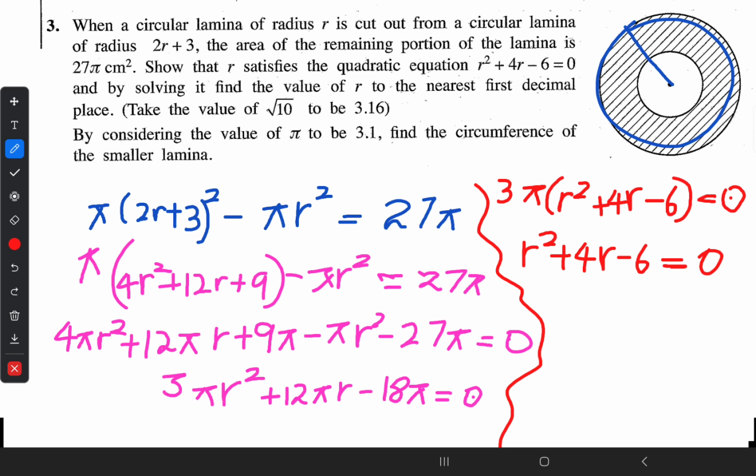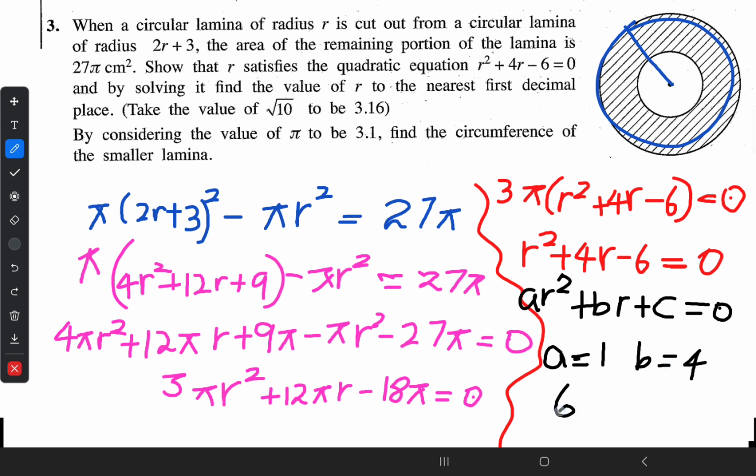So we found the equation. This is the common form ar squared plus br plus c. a was 1, b is 4, c is negative 6.